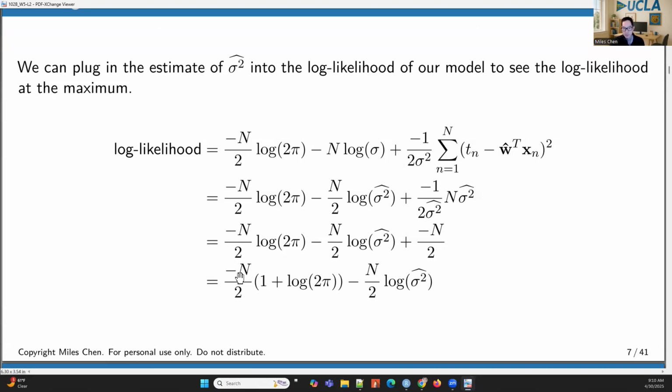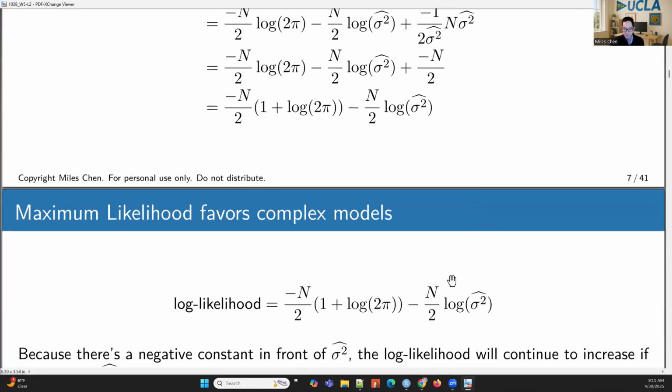We get 1 plus log 2 pi, which is just a constant over here. But over here, the log likelihood of our model at the maximum is going to have this term: negative n over 2 log sigma squared.